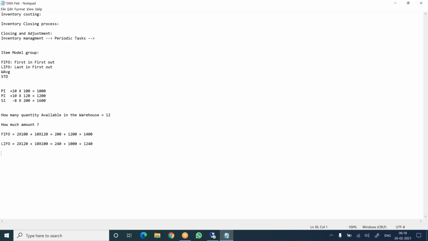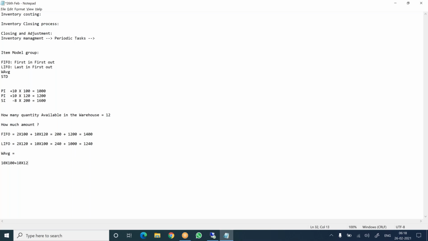Now weighted average. Weighted average is like this. You learned this weighted average during your 10th standard. If you love mathematics, you can remember.